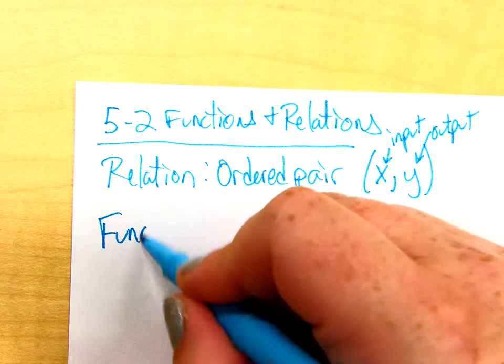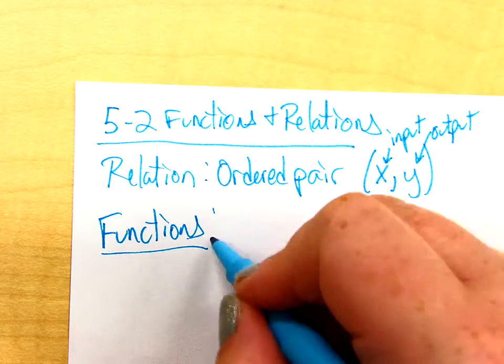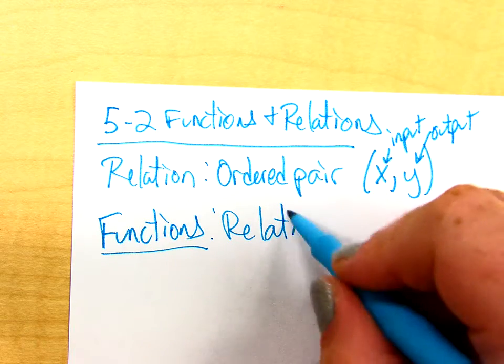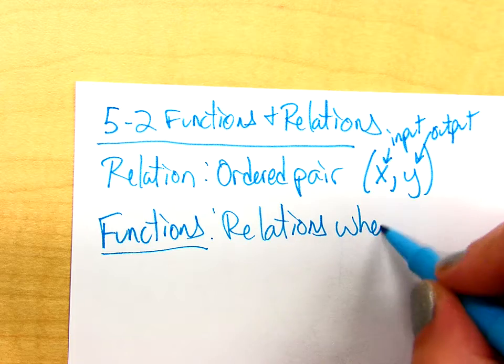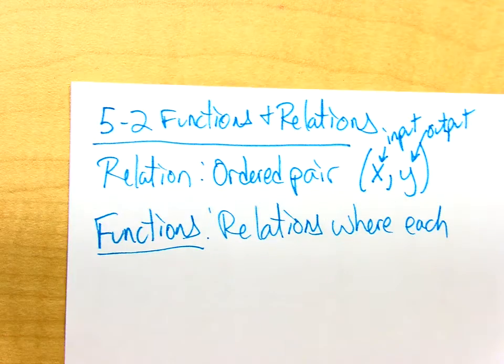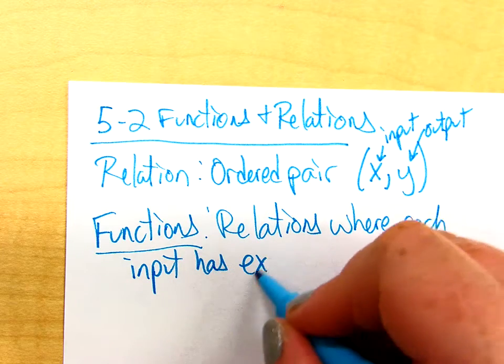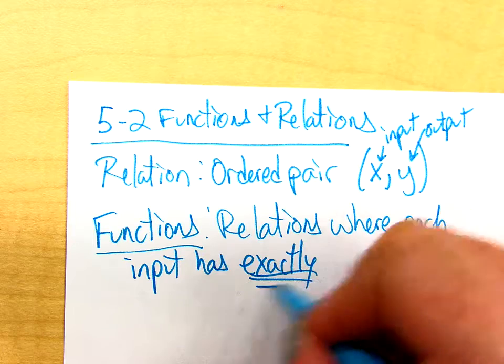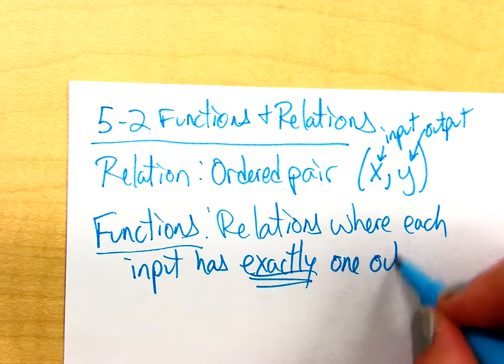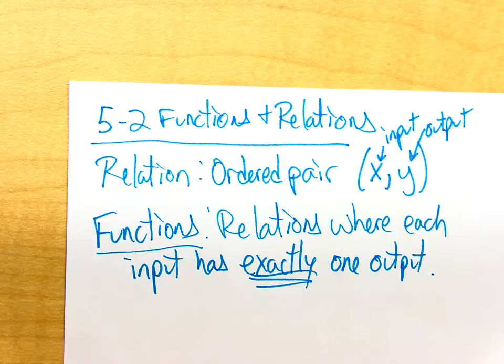So functions are just relations where each input has exactly one output. It doesn't matter if a whole bunch of inputs have the same output. Who cares? What matters is that when you plug something in, only one thing comes out.